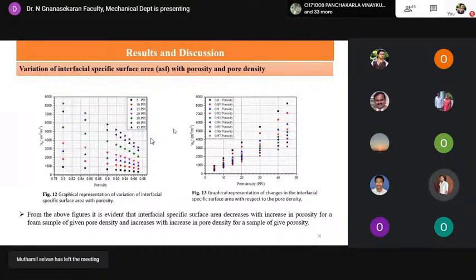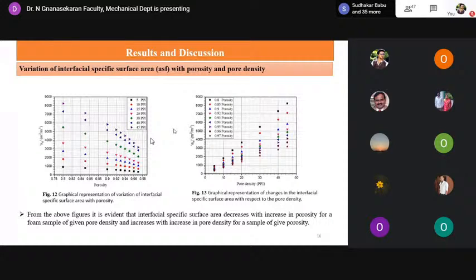For 0.8 porosity, we are seeing more ASF when pore density increases, whereas for 0.97 it is lesser than the 0.8 porosity case when we increase the pore density. And this is the case for the interfacial specific area.